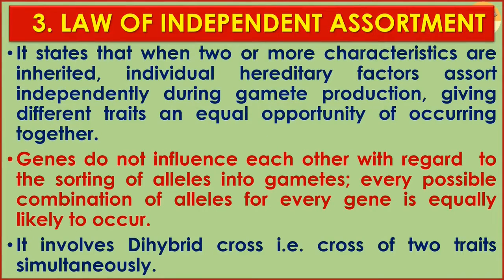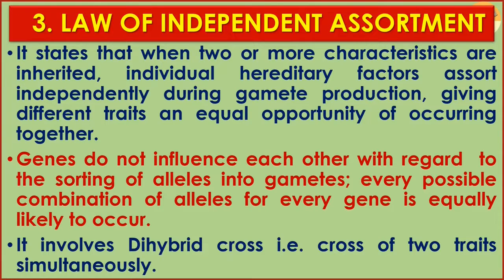The third law is the law of independent assortment, which states that when two or more characteristics are inherited, the genes assort independently during gamete production. This means that during gametogenesis, when gametes are formed from the parents, the genes get separated according to the law of segregation. Now these gametes have to be fertilized with one another.